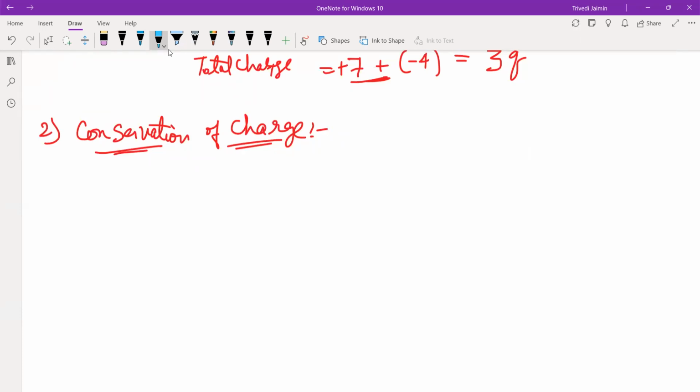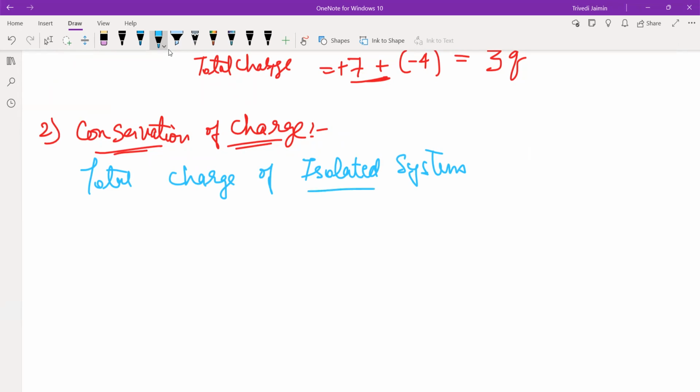Charge cannot be created or destroyed. The total charge of an isolated system, meaning a closed system, remains what?